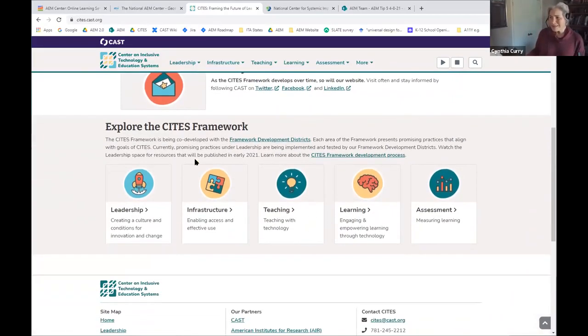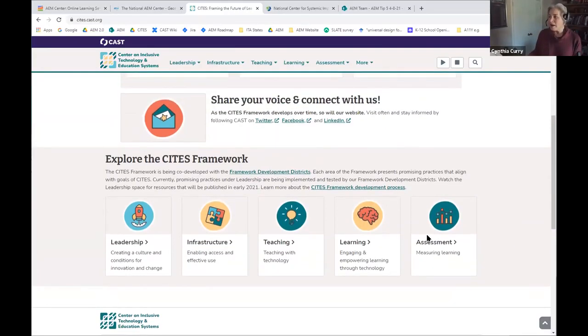So the CITES framework is provided on the home page. There are 5 sections currently. You'll recognize these if you are familiar with the National Education Technology Plan, because these are the 5 sections of that. So over time, what we're doing with CITES is an iterative process of working with this cohort of 7 districts and implementing some evidence-based practices over time, starting with leadership.